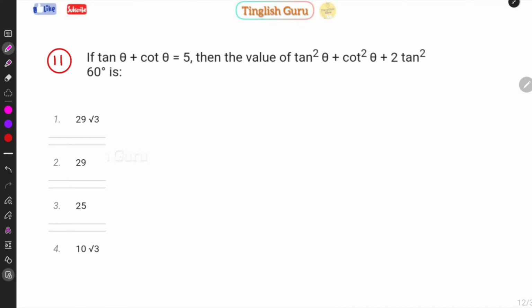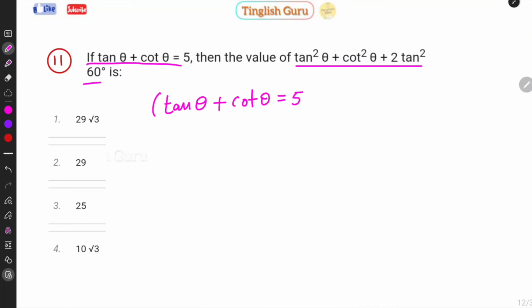Next, if tan theta plus cot theta is equal to 5, we are asked to find tan square theta plus cot square theta plus 2 tan square 60 degrees. What is given? Tan theta plus cot theta is equal to 5.